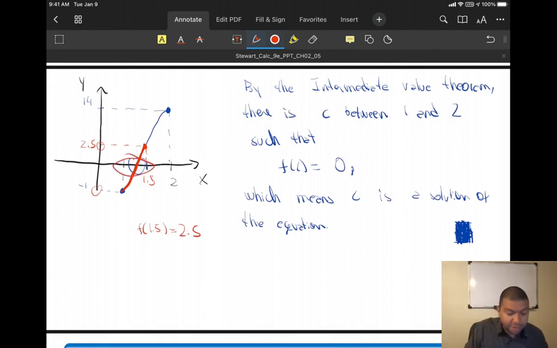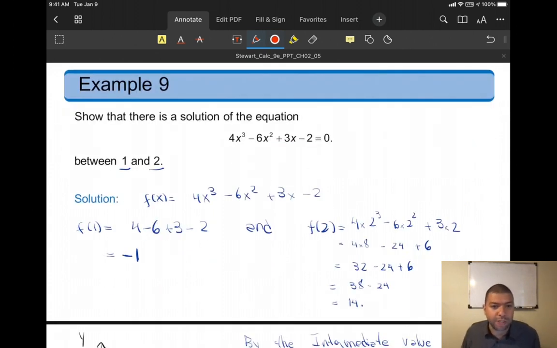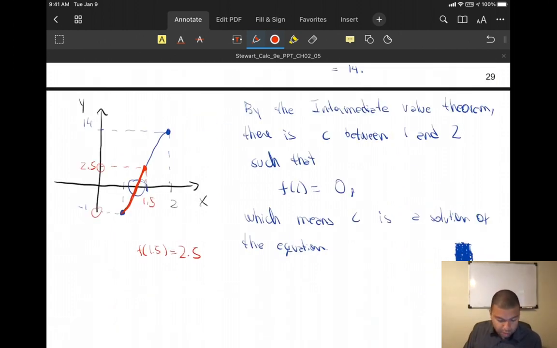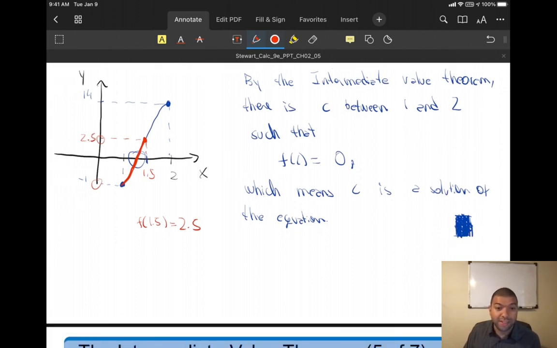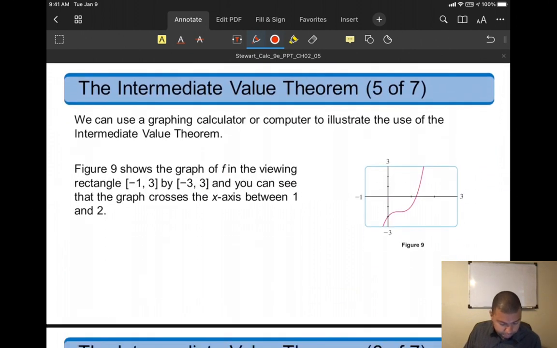I can see what f of 1.25 is. So I can keep cutting the interval in half and decide which half I want to work on, and I can solve this equation or find a very good approximation of the solution if I want. It's a good idea. Whenever you see repetitions like this, that's usually how computers solve these problems. Try and understand what I'm trying to say, and review this if you need.